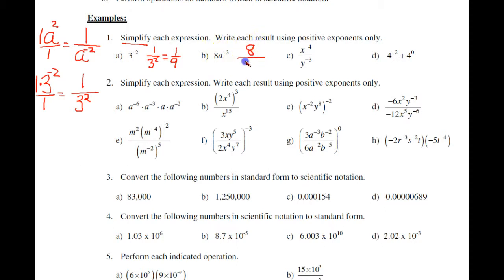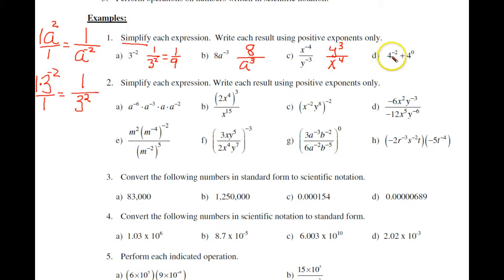This comes down as a. Crossing the division bar, the sign changes. Now here as you see it, all you're going to do is switch these around. The y goes on top, its exponent becomes positive, the x goes down, its exponent becomes positive, and that's our answer.